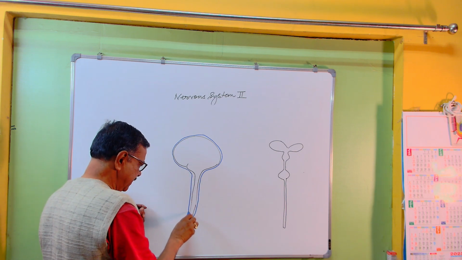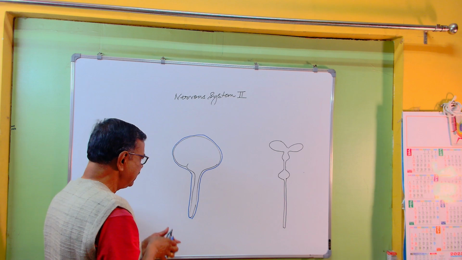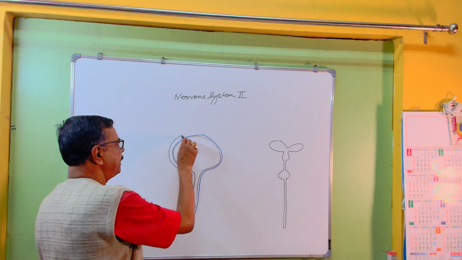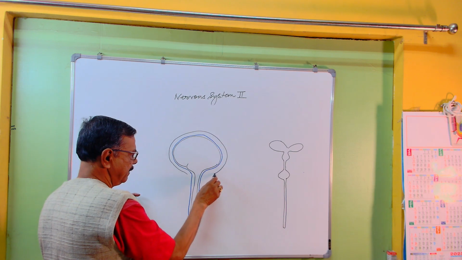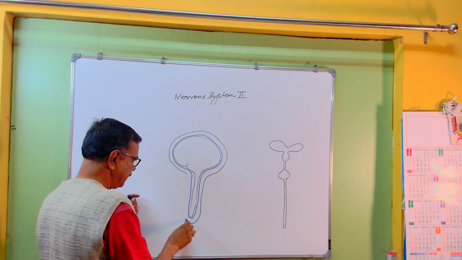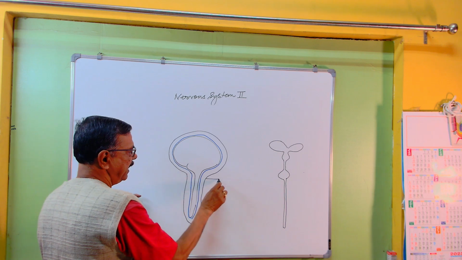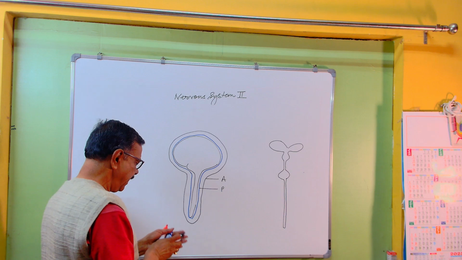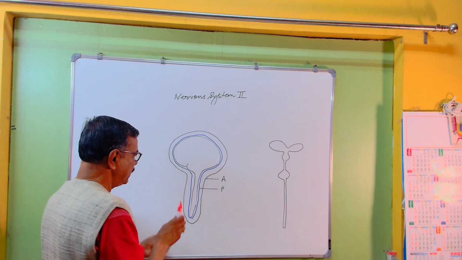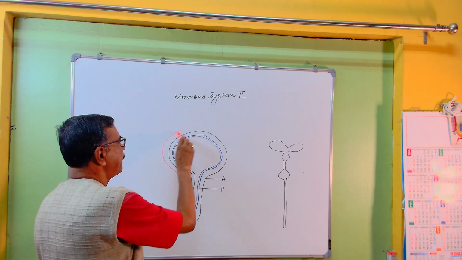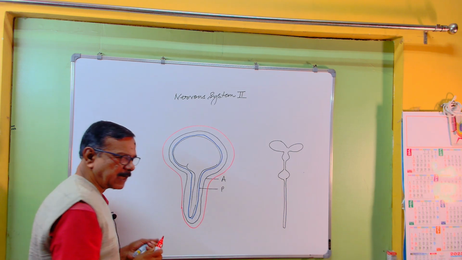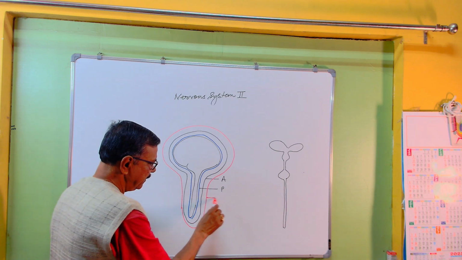Then a little bit of space is there. This is known as the arachnoid matter. This is known as the pia mater, and the outer one is known as the dura mater. Dura means tough.